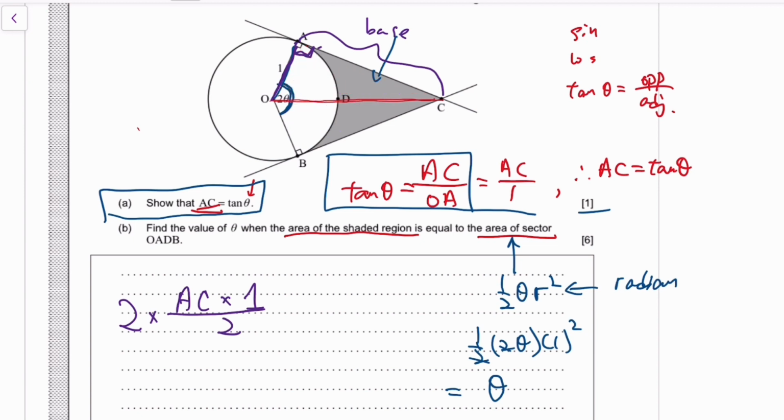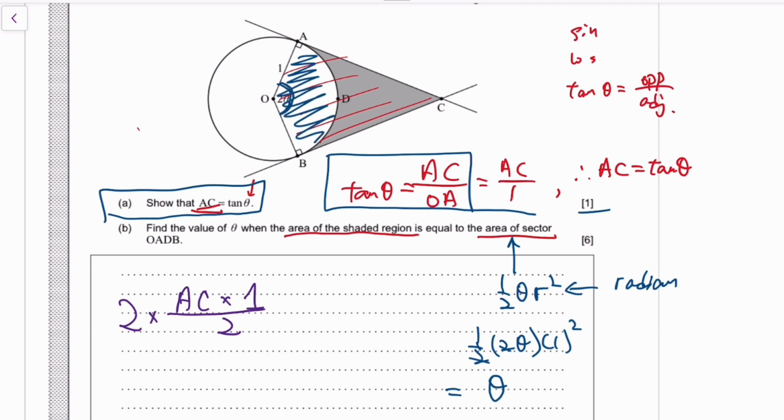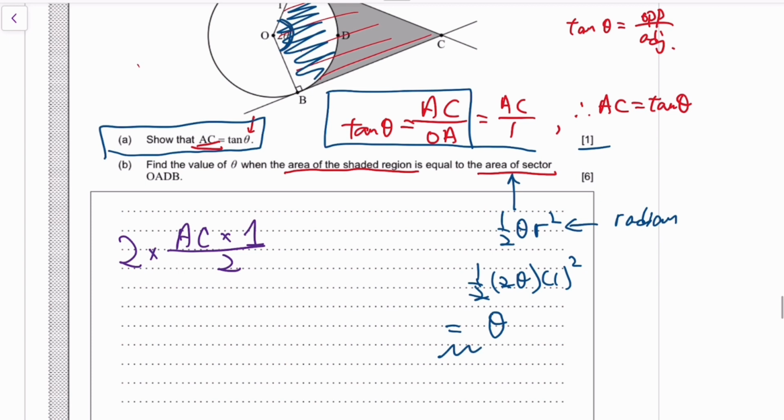Well, but you only want the area of the shaded region. So after you found the whole thing, you want to minus the sector. Well, just by coincidence, we actually know the area of the sector is theta, so you minus theta. The 2 and 2 again cancel out.